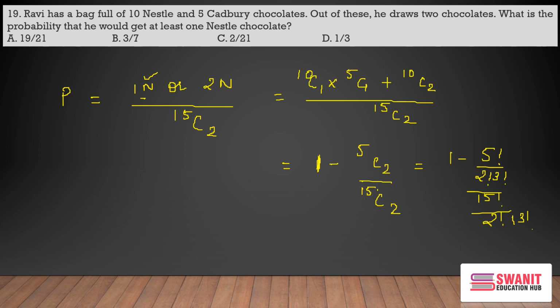When we solve this further, we will be getting 1 minus 5 multiplied by 4 divided by 2. Actually I have to rearrange these values.